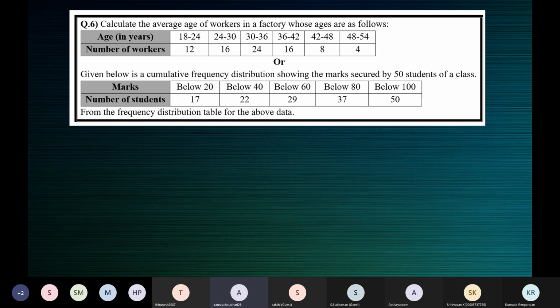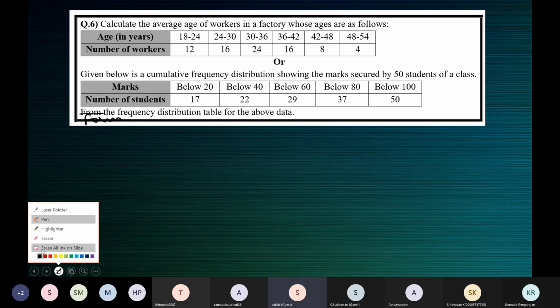Ma'am, what should we find here? Given below, it's from the frequency distribution table. It's not from, okay. It's from the frequency distribution table for the above data. Is it okay now? Yes, ma'am.